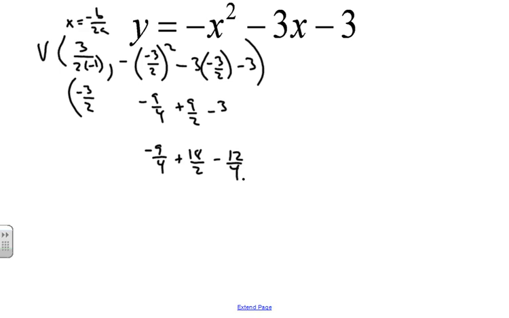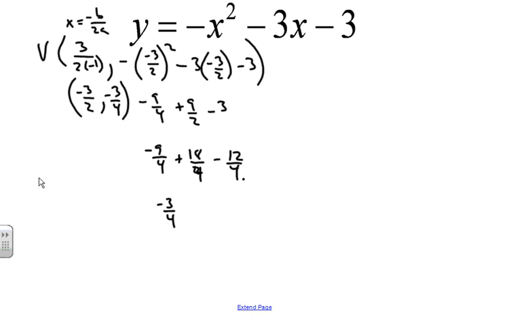Okay, so putting it all together, we got 6, and it appears to be negative. Oops, that's a 4 right there. Apologize. We're going to have 6 over 4, and then we subtract 9 from it, so 6 minus 9, we get negative 3/4 as our other value. Okay, negative 3/4.